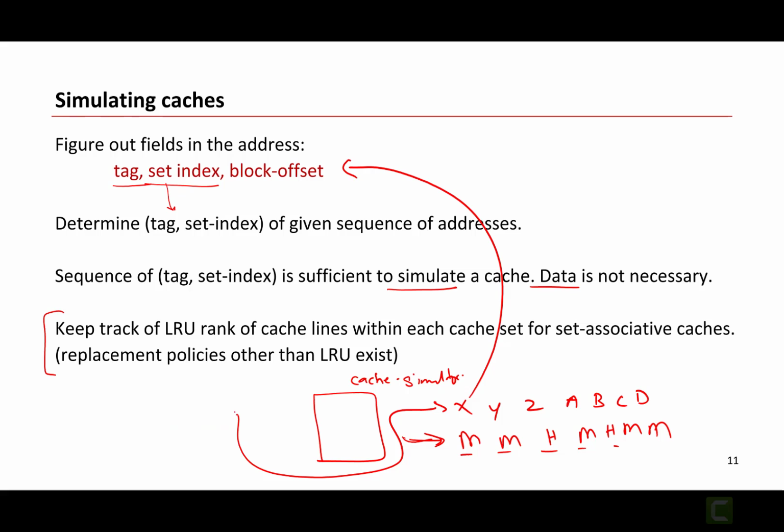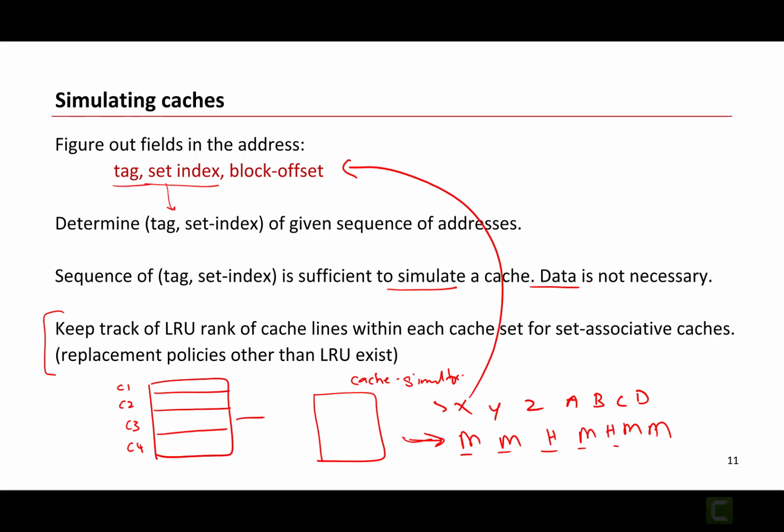The final thing to implement while you're doing a cache simulation is to keep track of the LRU rank for the cache lines. And the algorithm that we talked about for that is for the cache lines within a set. Let's say you have 4 of those. I need to keep track of a counter. I'm going to call that an LRU counter. And that counter is going to keep track of the LRU rank. Higher rank means it's least recently used. Higher rank is bad.